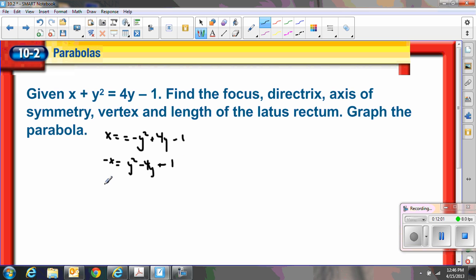Now we're ready to complete the square. And when I complete the square, I'm just going to complete it in terms of y. So we'll go y squared minus 4y. Take my b term, which is -4, divide it by 2 to get -2, square it to get a positive 4, so plus 4, plus 1, and to keep things balanced, since I added 4, I'm also going to subtract 4 back out.